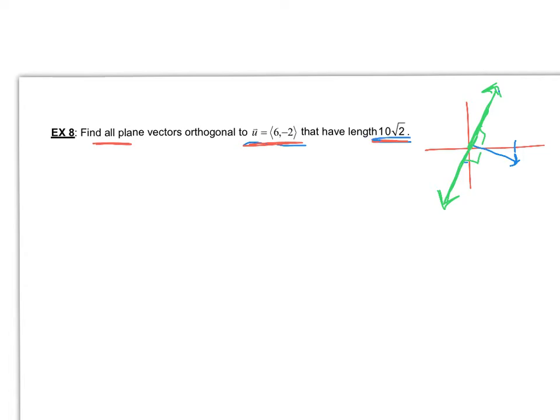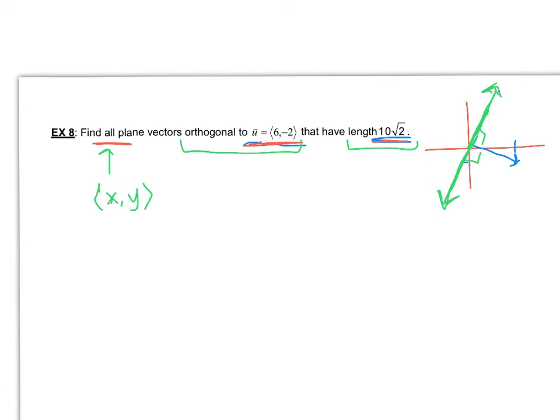So how do we find those two possible vectors that are orthogonal to 6, negative 2? We're actually going to use a system of equations for this, because each of these two things, being orthogonal and the length, will give us two equations. So first of all, find all plane vectors. We are looking for all vectors in the form of x, y, and they're orthogonal to 6, negative 2.